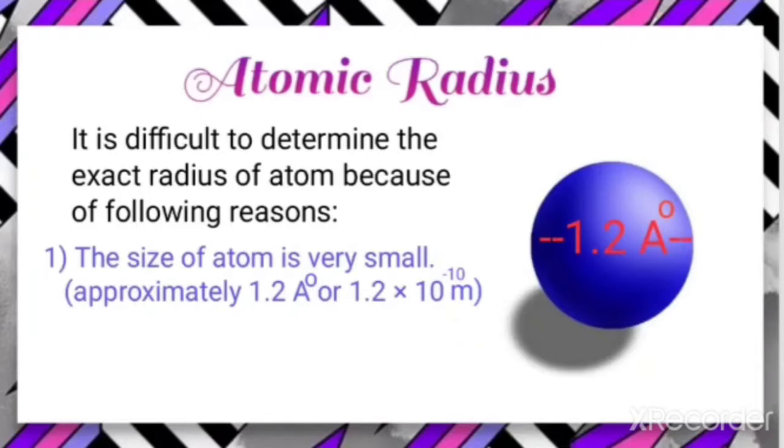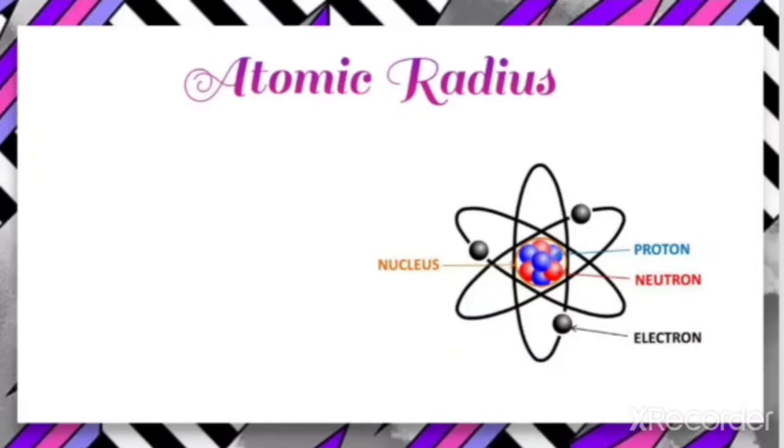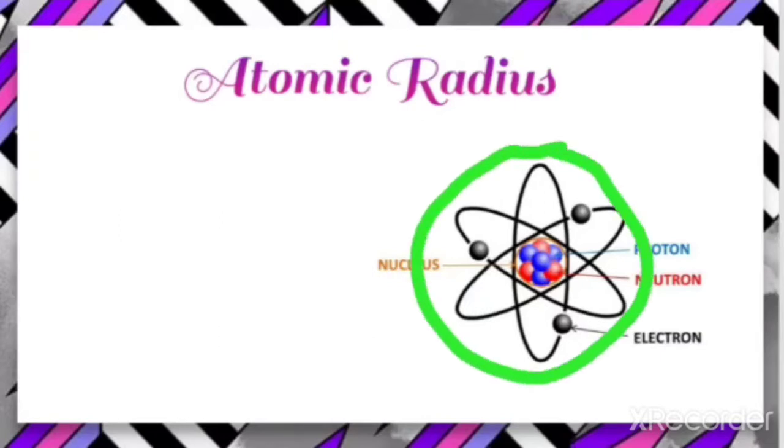The second reason: atoms do not have a well-defined boundary. That means it is difficult to measure the distance from the center to the outermost shell, because, as we have learned about the structure of the atom, electrons are in different orbitals. So there is no well-defined boundary from which to measure the distance from the center.